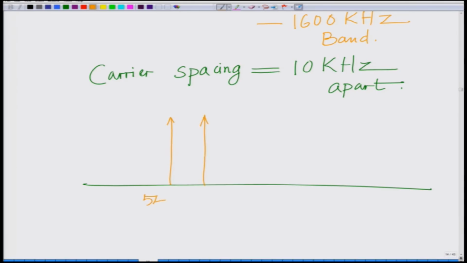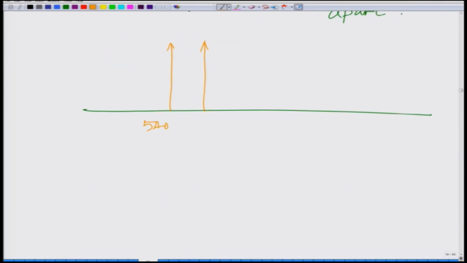So, if you look at the carriers, you start at 540, 550 kilohertz, then you have the next carrier at 560 kilohertz, so on and so forth.